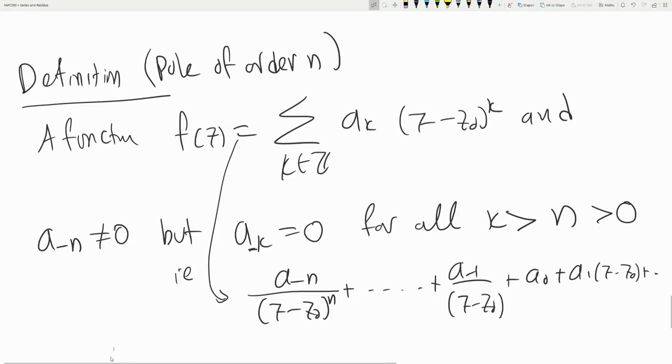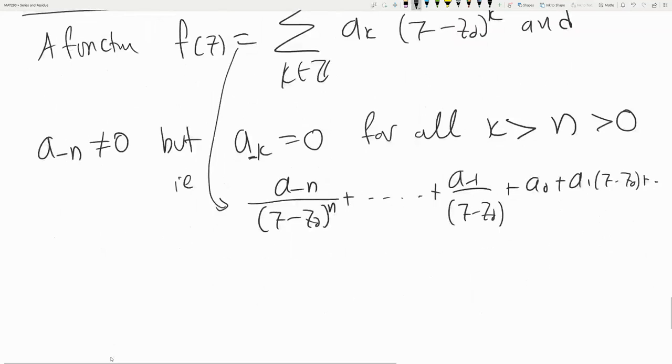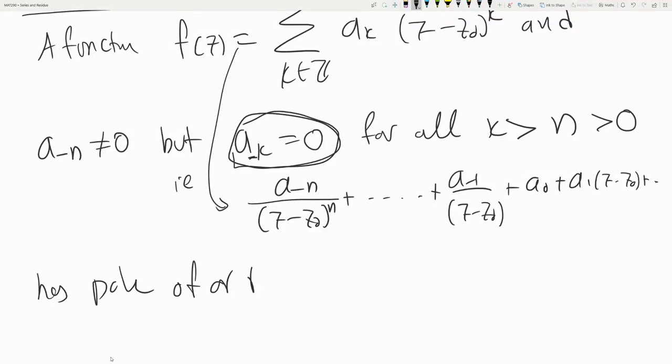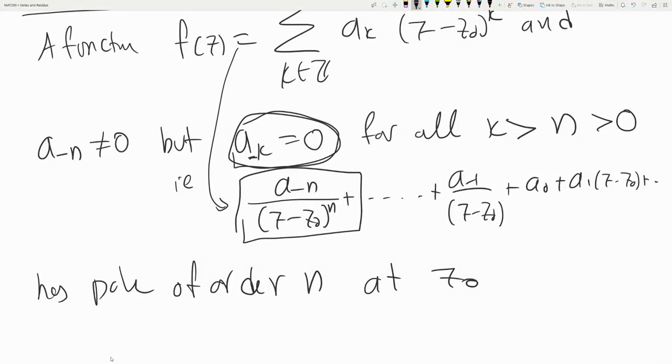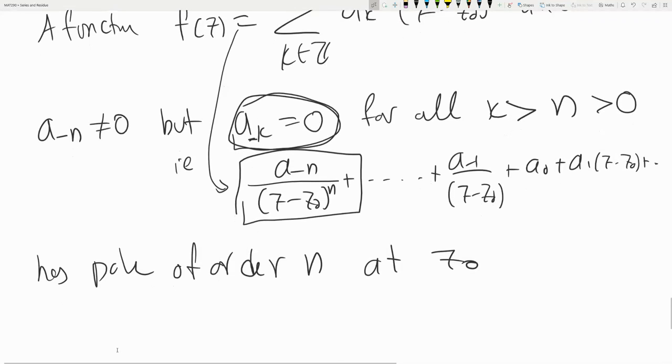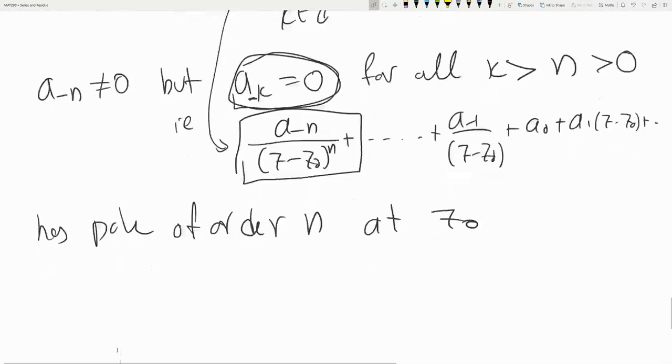So this is the lowest power, all the other guys disappear. If you have this, f has a pole of order n at z naught, meaning as you zoom in to z naught, this guy blows up the fastest. I will make this more concrete with examples.